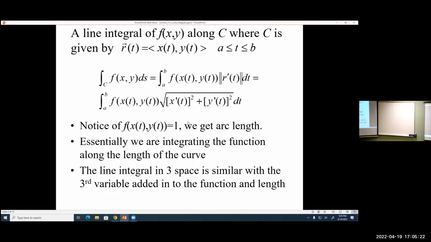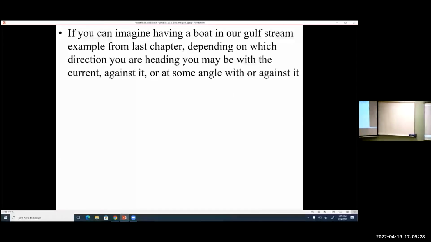What we'll see more often is going to be a line integral over a vector field. All right. So think about that Gulf Stream. When we first looked at vector fields, we talked about how if we drop a bobber in the water and watch it go along with the flow line, that creates the flow line through our vector field.